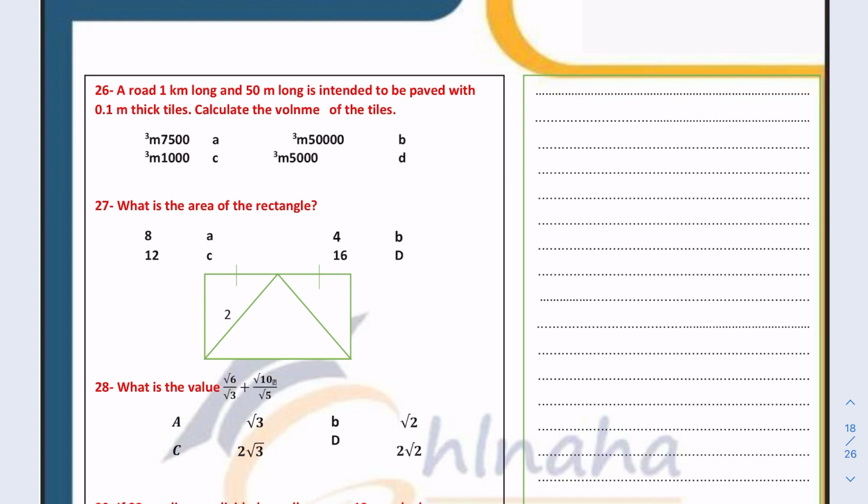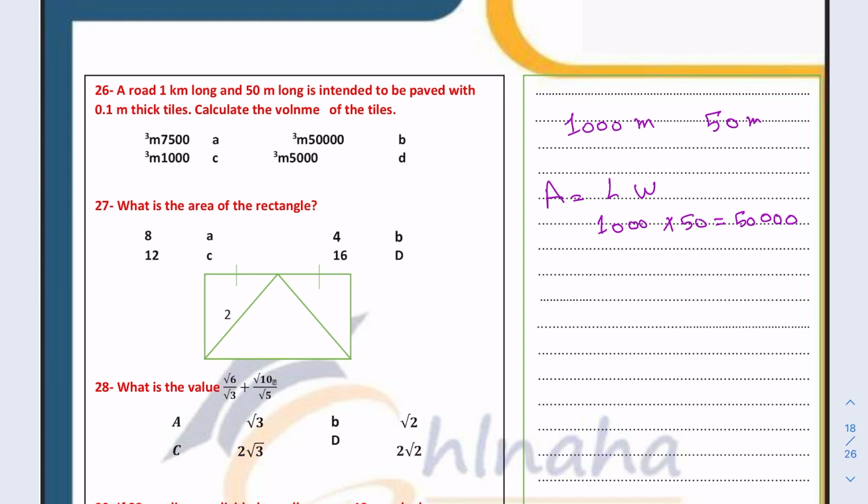I have 1 kilometer, which is 1,000 meters, and I have 50 meters here. So I will find the area. Area equals length by width. Area of the rectangle will be 1,000 multiplied by 50, which is 50,000. Okay, this is the area.